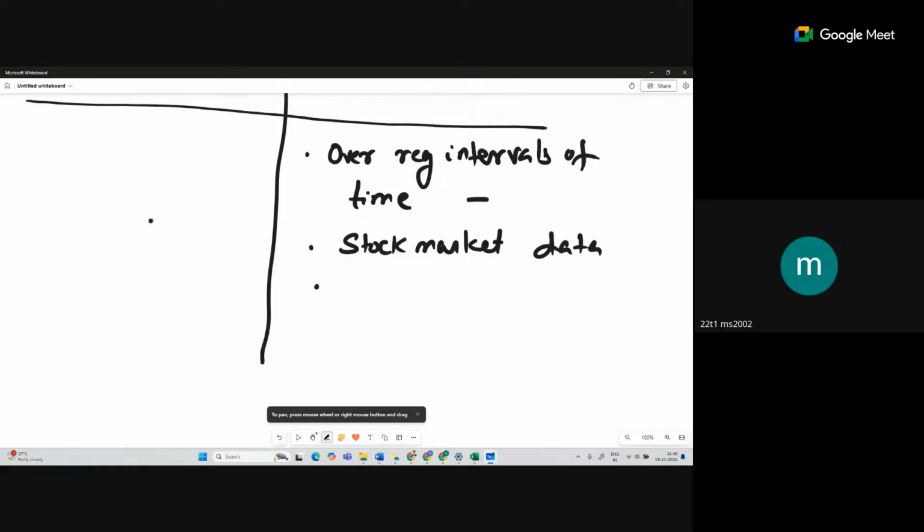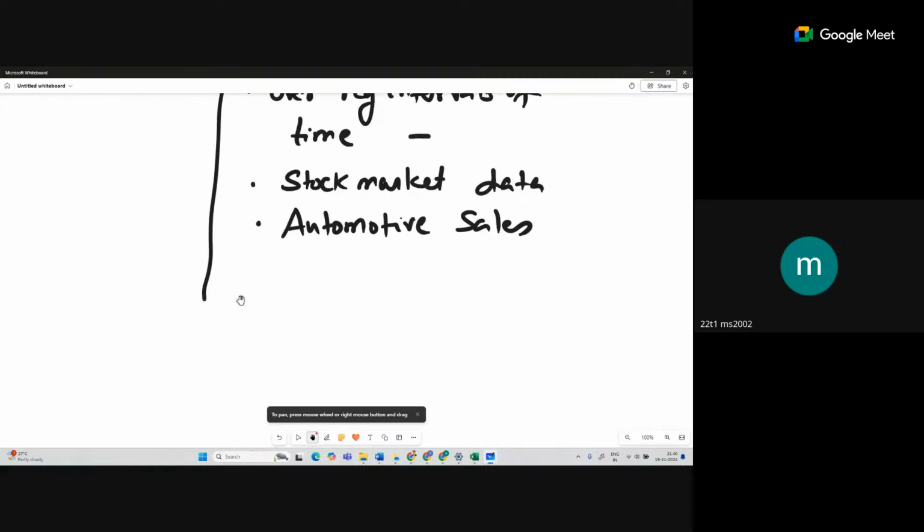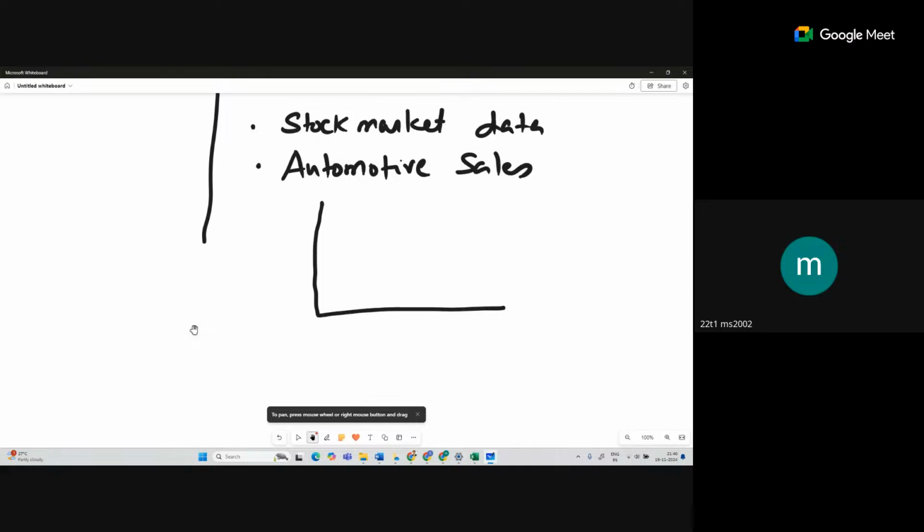Let's say your automotive sales, you get it on a monthly basis. This is available at a daily level. Another interesting thing is, your x-axis is always the time.